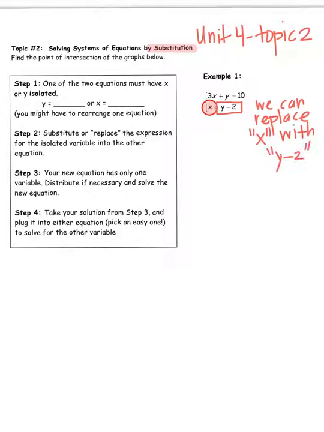Because if x equals y minus 2, it means I can take y minus 2 and replace x with that.